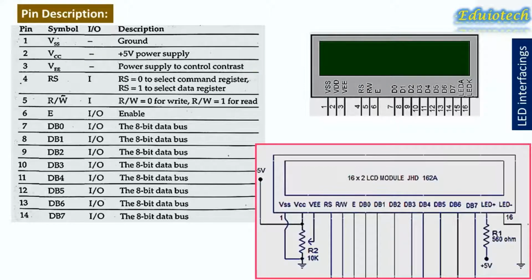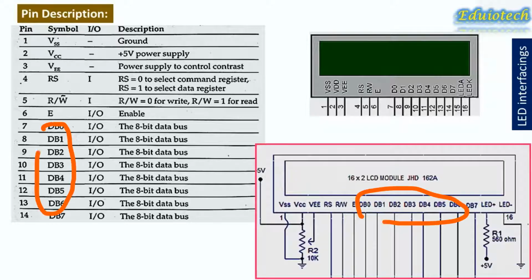This is RW pin, for reading and writing the data to the LCD. For reading the data, RW pin should be high, while to write the data onto the LCD, this pin should be low. This is enable pin, that is for starting or enabling the module. A high to low pulse of about 450 nanosecond is given to this pin.